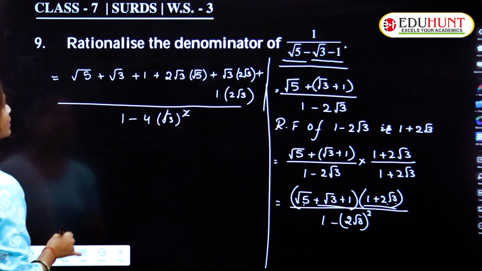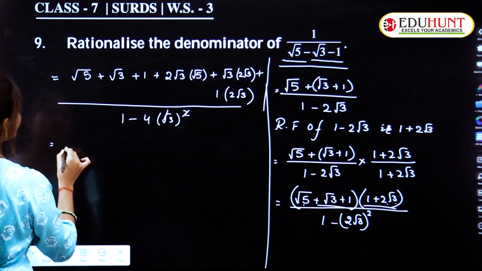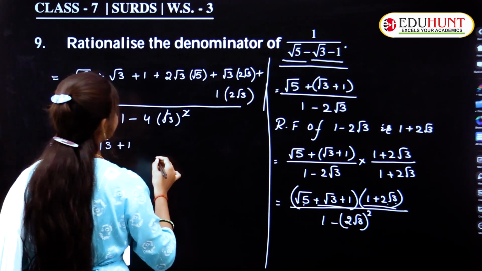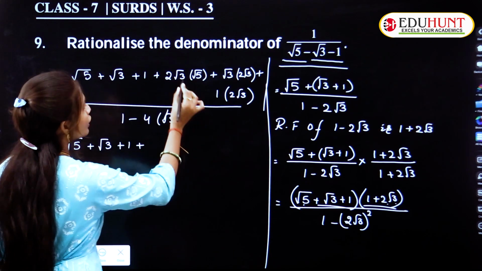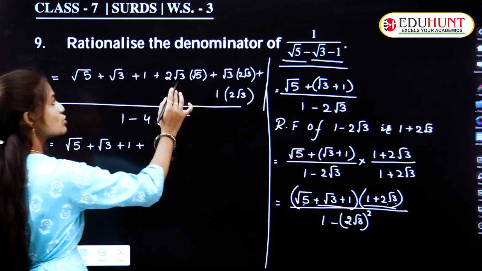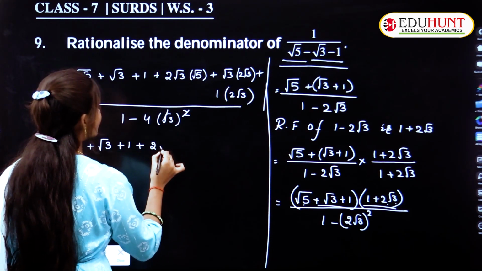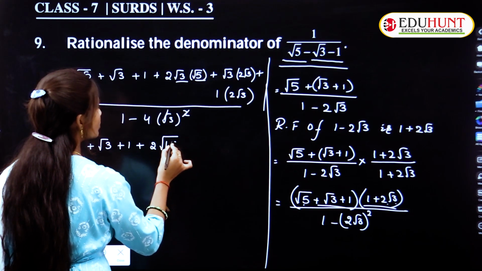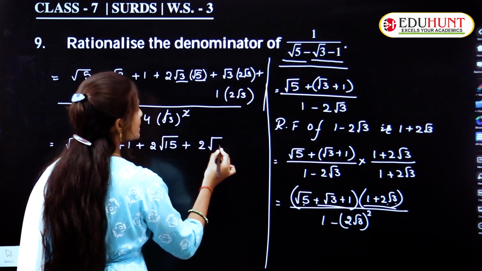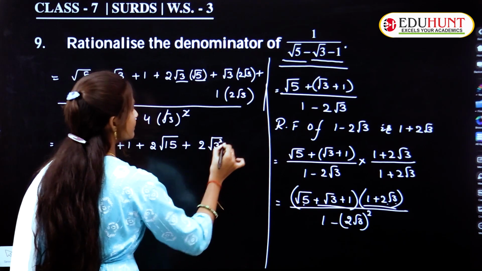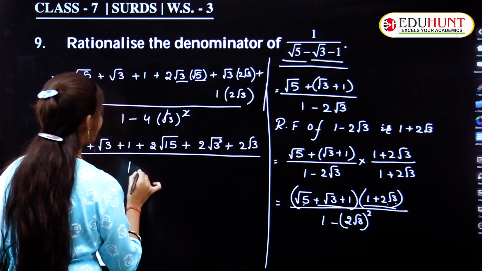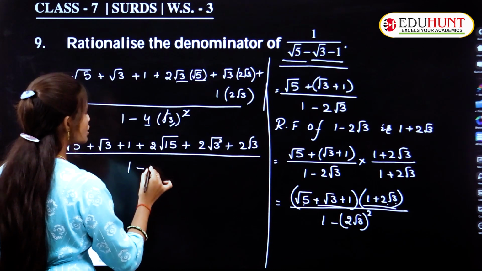Okay, so we will get this one as, which is equals to root 5 plus root 3 plus 1, okay, plus 2 into, this is in the form of root 3 into root 5, which is equals to nth root of a into nth root of b is equals to nth root of ab, okay, plus 2 into root of 5 into 3 is equals to 15, plus 2 into, here 3 into 3 is equals to 9, which is equals to 3 square, okay, plus 2 root 3 whole by 1 minus, here 3 is there now, so 4 into 3 is equals to 12.